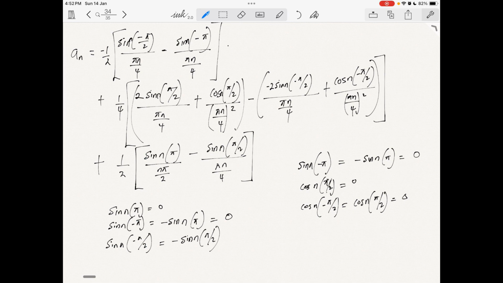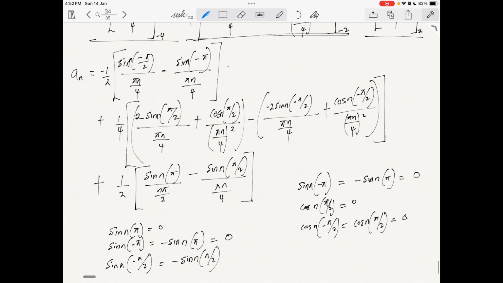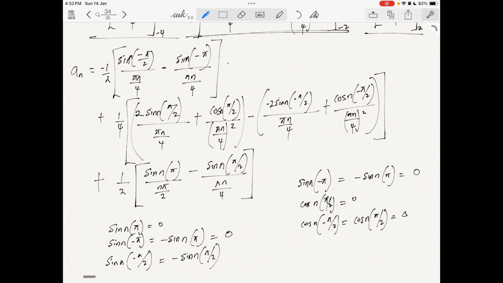So in that case, let's nullify necessary terms. We have sine n minus π here, and we can see sine n minus π here equals 0. So this term is equal to 0. Now we have also cos nπ over 2 here, and cos nπ over 2 is equal to 0. We have cos n minus π over 2, and cos n minus π over 2 is equal to 0.